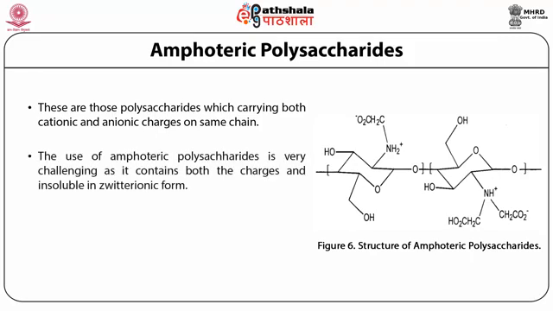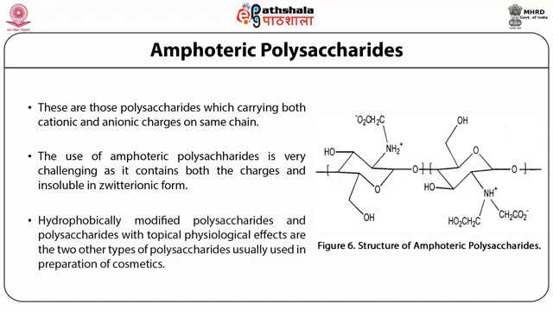The use of amphoteric polysaccharides is very challenging as they contain both charges and are insoluble in zwitterionic form. Carboxymethylchitosan and modified potato starch fall under this category. Hydrophobically modified polysaccharides and polysaccharides with topical physiological effects are the two other types of polysaccharides usually used in the preparation of cosmetics.